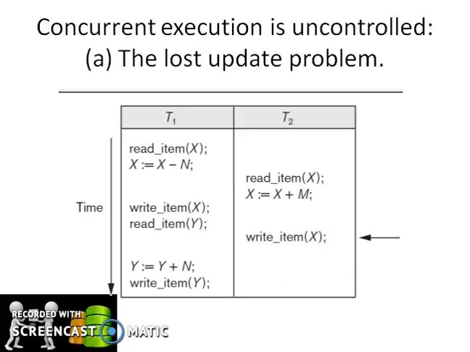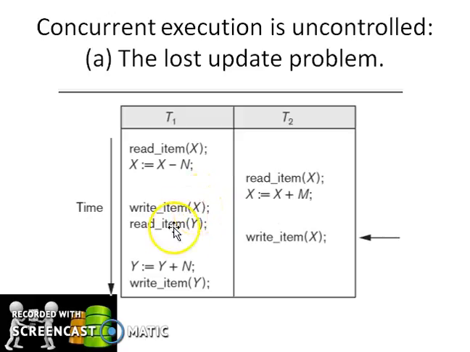will be stored incorrectly. The reason for this is, before the first transaction records its modification to the database, the second transaction has started its execution and the second transaction has taken the old value of X. After the second transaction has taken the old value of X, the first transaction is storing the modified value of X into the database.